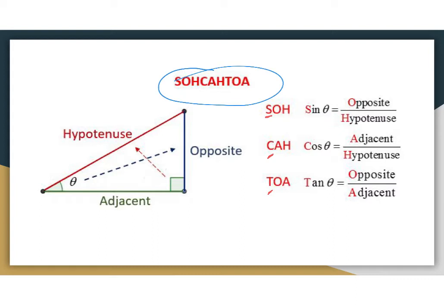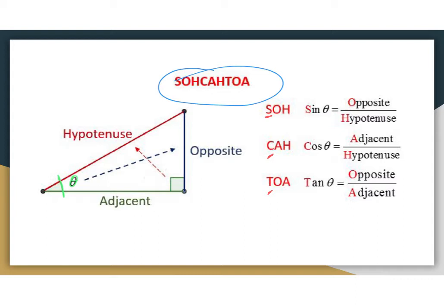If we're talking about a specific angle, it could be theta, x, z, or b. It doesn't matter what letter it is. The legs depend on the angle we're talking about.